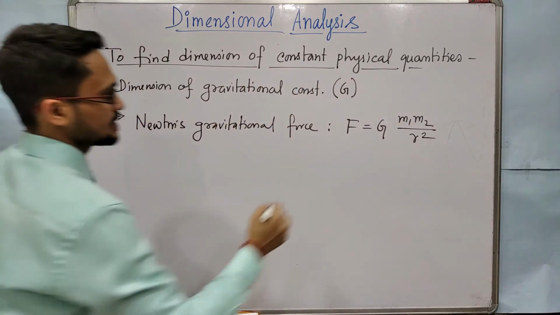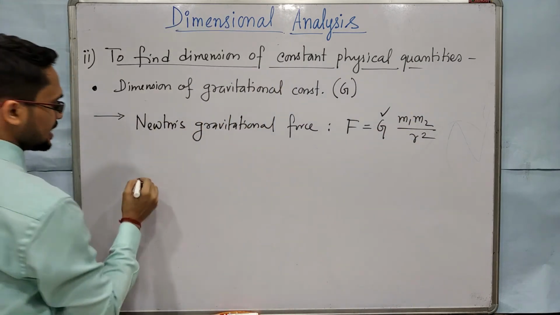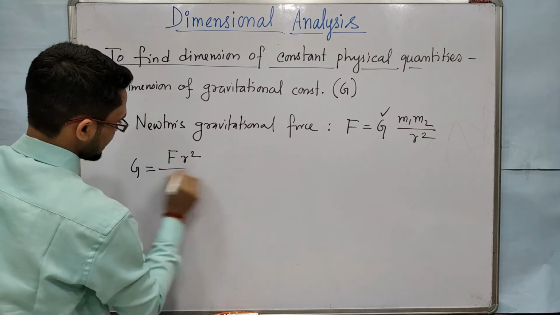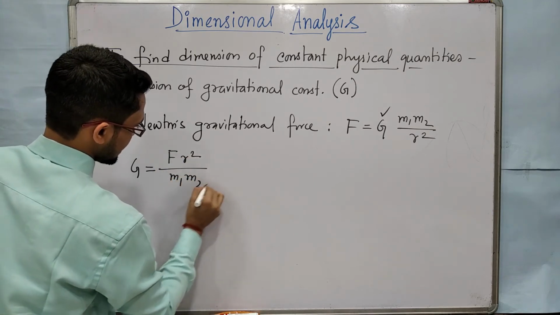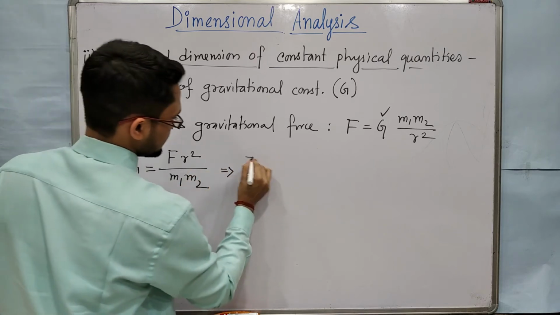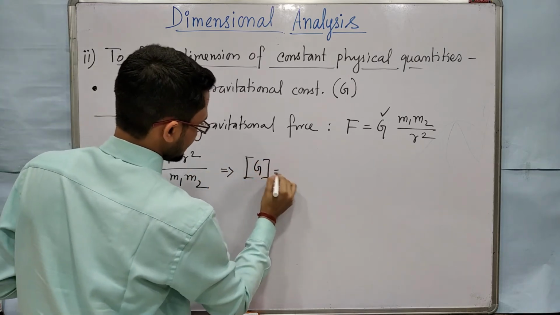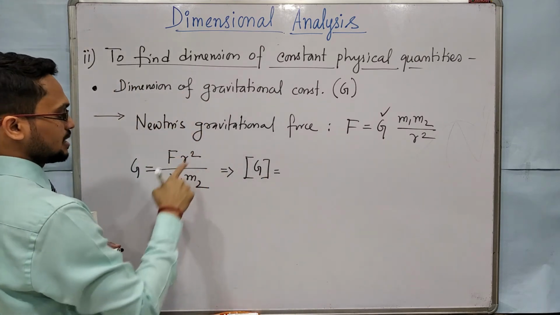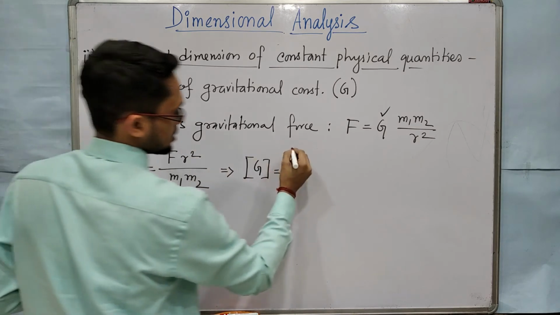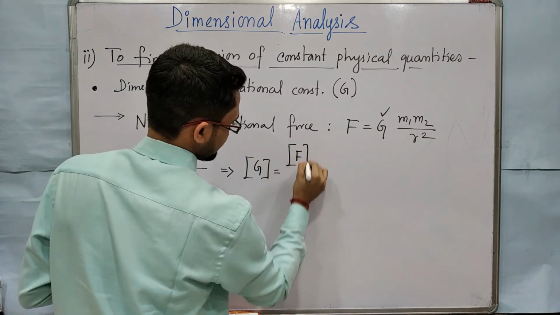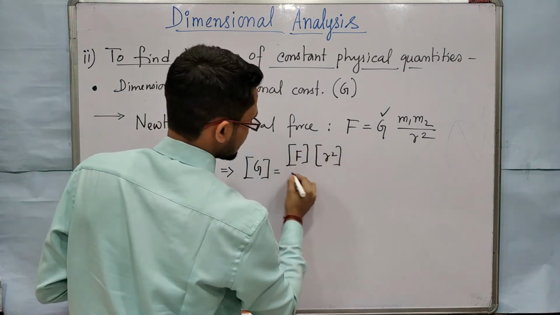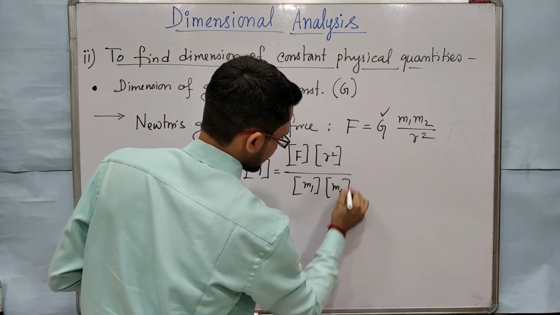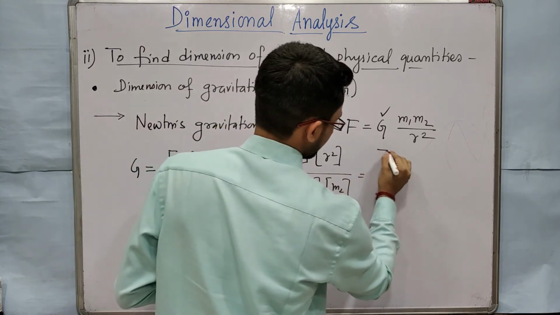So you have to find the dimension of G. Write the equation for G from that equation. It will be F r square by m1 m2. So the dimension of G will be dimension of F into dimension of r square by dimension of m1 into dimension of m2. What is the dimension of force?